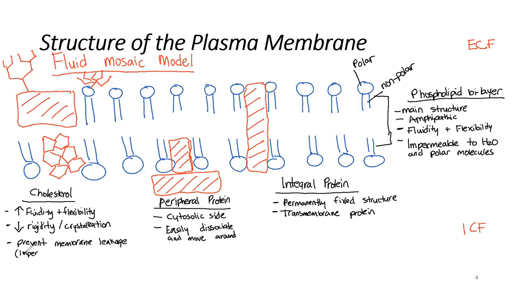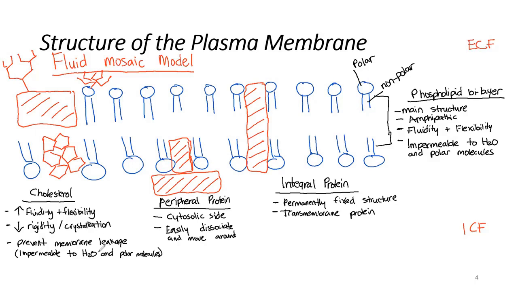Remember, it's a fat, so it's going to act just like the hydrophobic center or the hydrophobic tails in that it prevents the passage of water and polar molecules. Hence, it's going to prevent leakage across the membrane. It's going to maintain the membrane integrity.